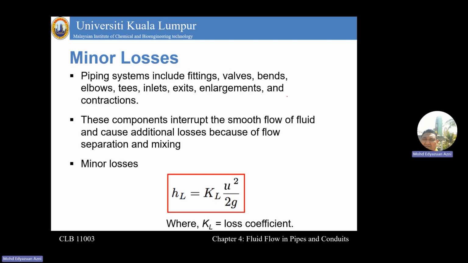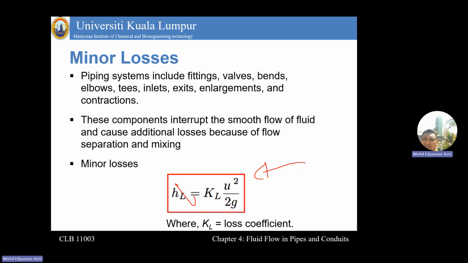These components interrupt the smooth flow of fluid and cause additional losses because of flow separation and mixing. So how do we calculate the minor losses? The formula is still head loss, minor, equal to K_L, the loss coefficient, times u squared over 2g.